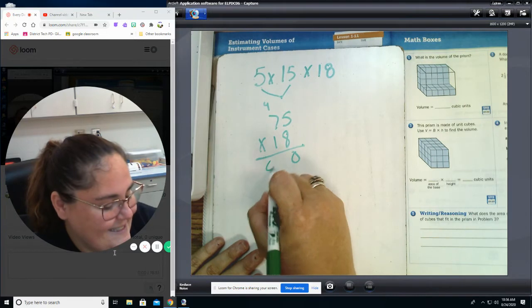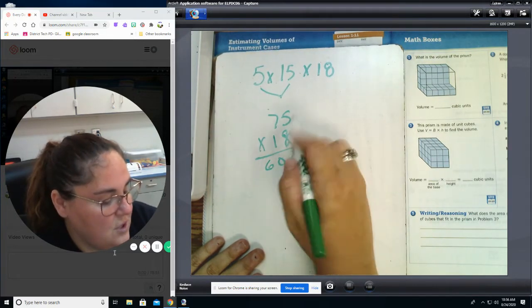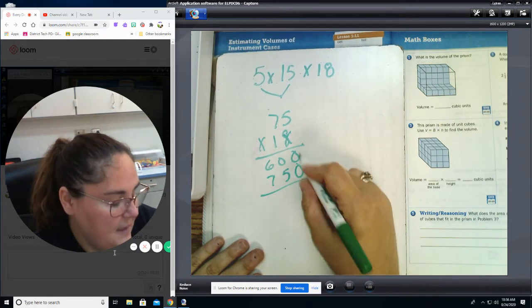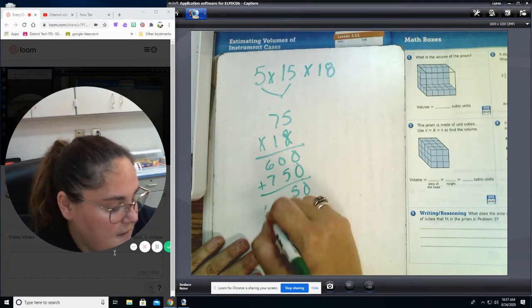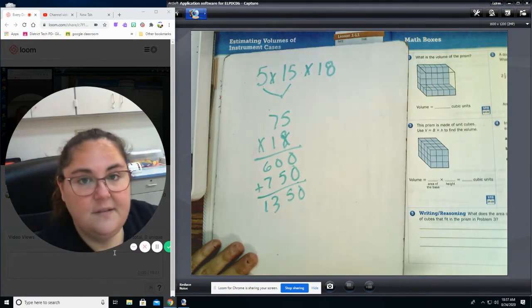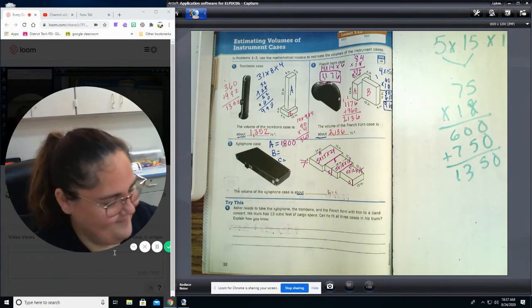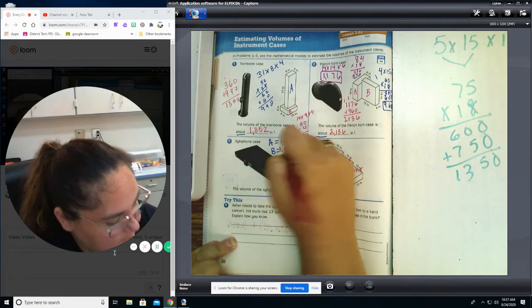Plus 4 is 60. X's and the O's. 1 times 5 and 1 times 7. Then I'm going to add 0, 5, 13. 1,350. 1,350.